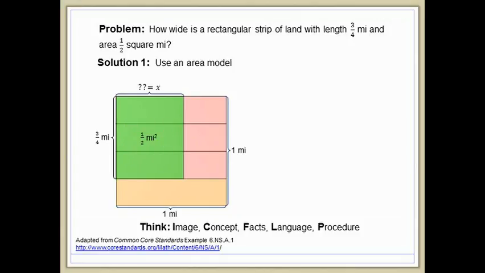So to standardize this now, we're going to change the representation of the area. It's supposed to be 1/2 square mile, but we don't know what this length is. What we can do is redraw the area so that it is 1/2 square mile. So here's an area that definitely is 1/2 square mile. It's 1/2 of these, but it no longer has length 3/4.